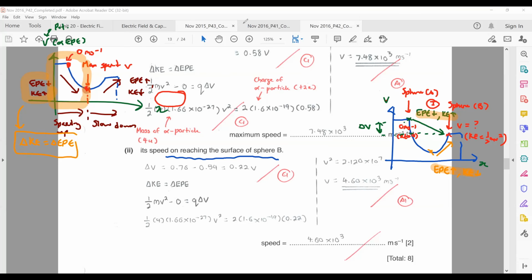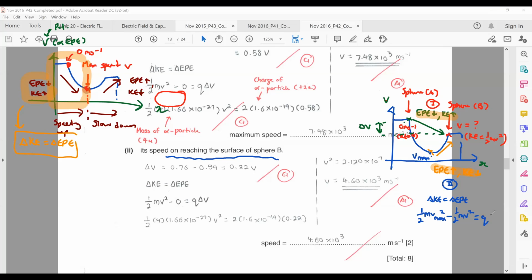Okay. But if, say, for example, I wanted to use the second one, this one being my second method of doing the question, I will still say it's change in KE equals change in EPE. But in my case here, you have to realize that your V here is not 0. It's a non-zero value. This one here is actually your V max at this point here. So when you're talking about your change in KE, it will actually be half mv max square minus half mv square.